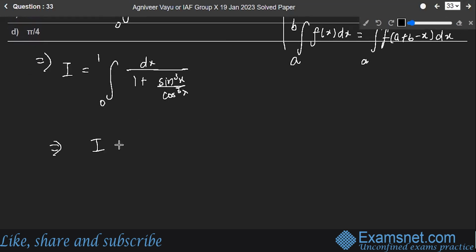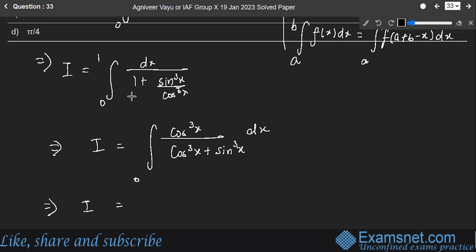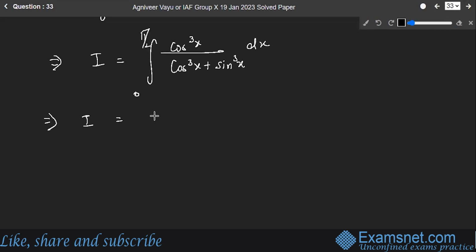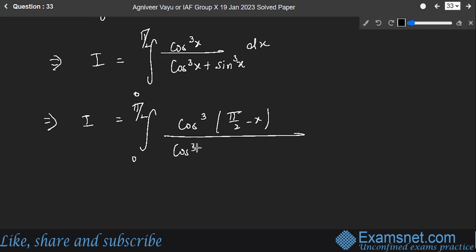Dx has been written. I is equal to cos cube x upon cos cube x plus sine cube x dx. Now by using the property, I is equal to, the limits were from 0 to pi by 2, this will be cos cube (pi by 2 minus x) divided by cos cube (pi by 2 minus x) plus sine cube (pi by 2 minus x) dx.